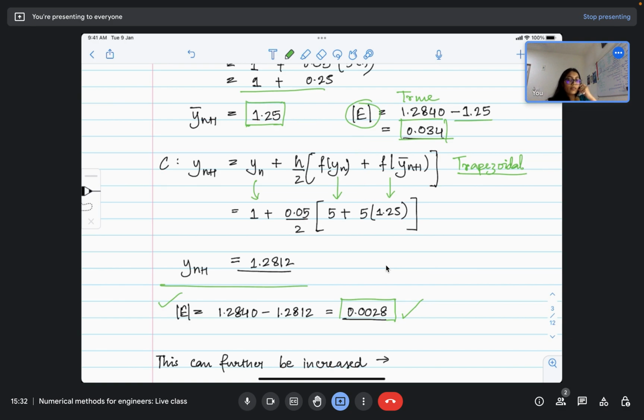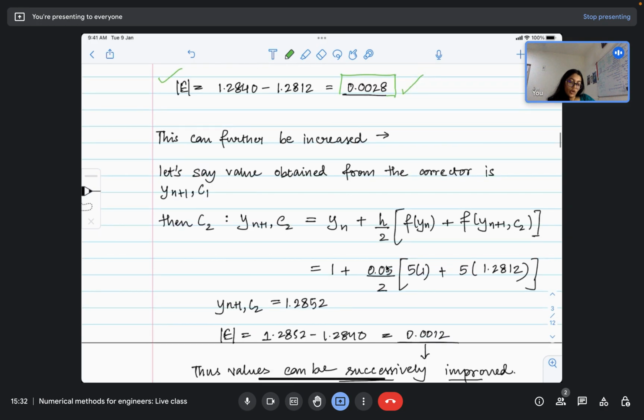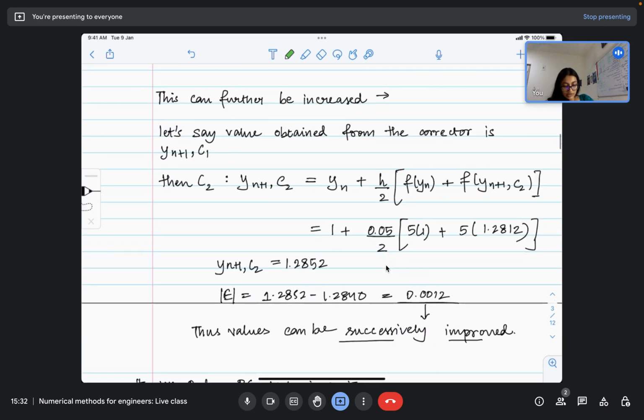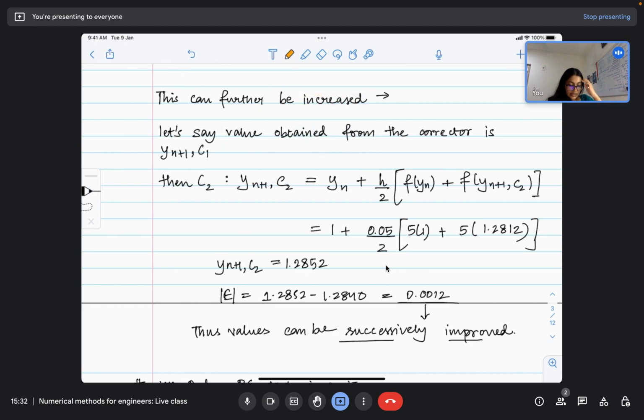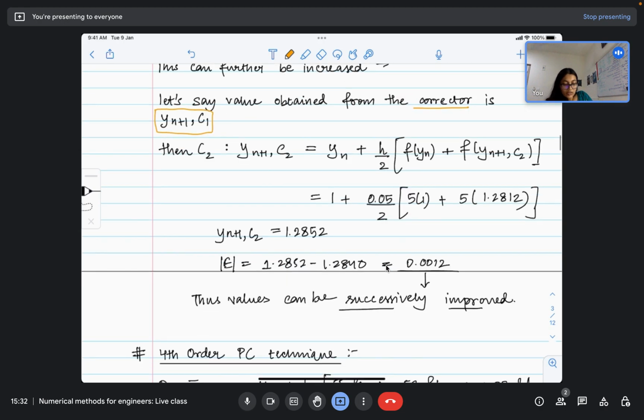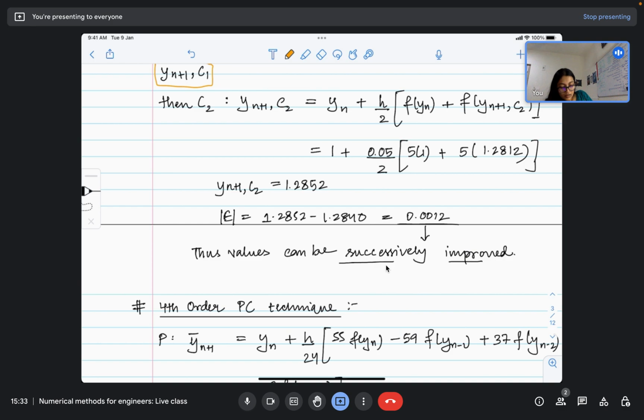Now, it does not need to stop here. This can be further continued in this form. Let's say the value that we have obtained from the first correction is yn plus 1 c1, the first value that we have obtained. Now we can also continue this and calculate c2.